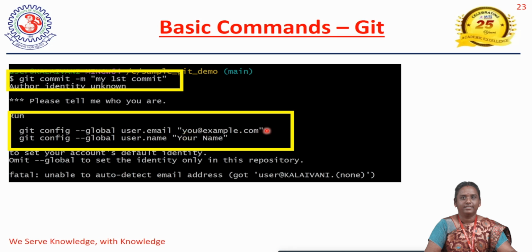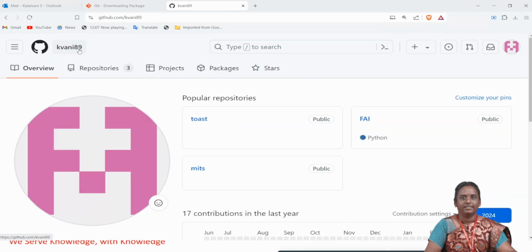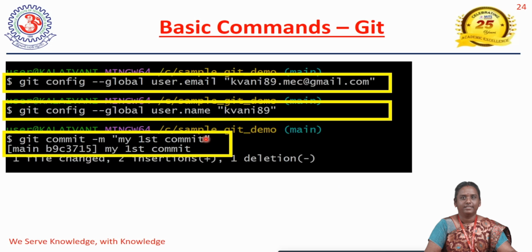Then after executing this command, you have to execute git config --global user.name followed by your name, which means your name in your GitHub account. In this case, my username is KVANI89, so I have to give it here.